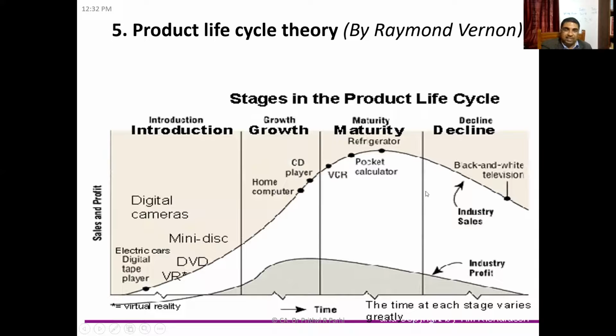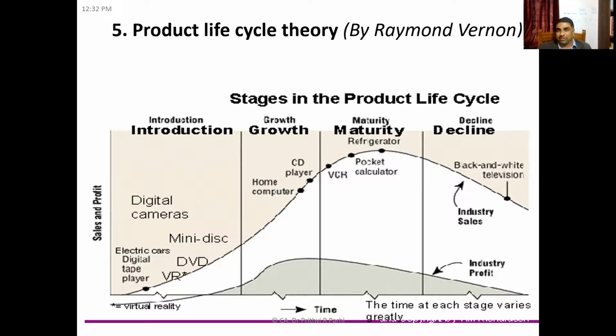If you look at this slide, you can have some idea of how different products are in their different life cycle stages. For example, coming to the introduction stage, you can find many things which have just entered, for example electric vehicles. They are at the entry stage, actually the introduction stage. You can say the situation of electric vehicles now in India is maybe the introduction stage.